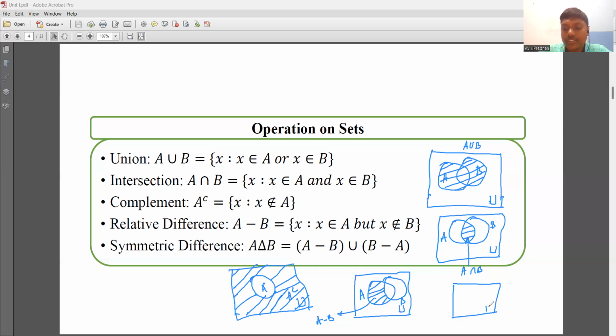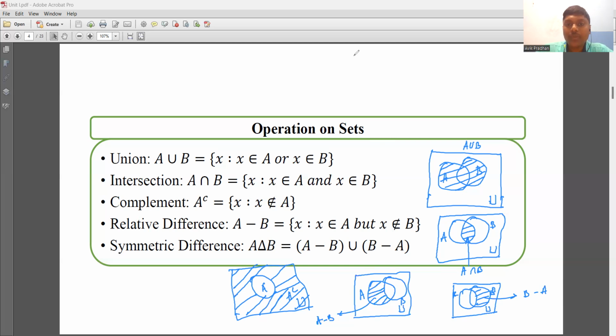If I consider this as the universal set, this is A and this is B, then this portion is B minus A.